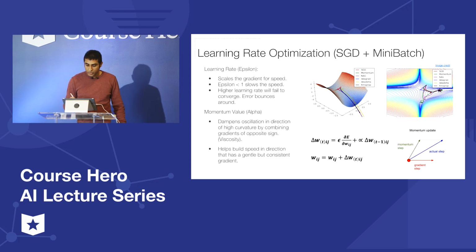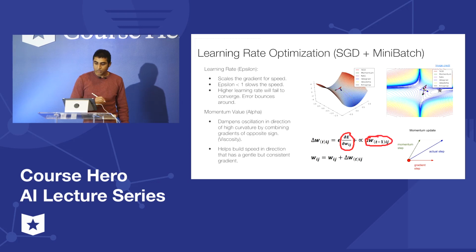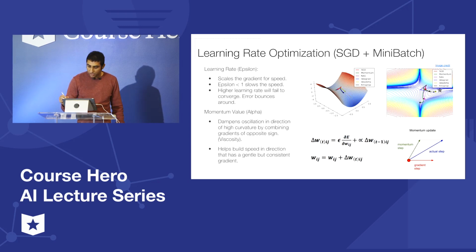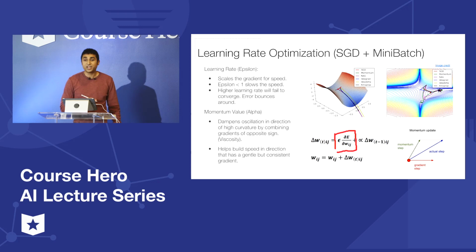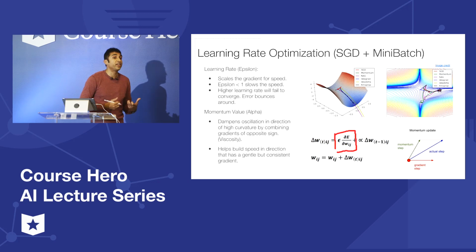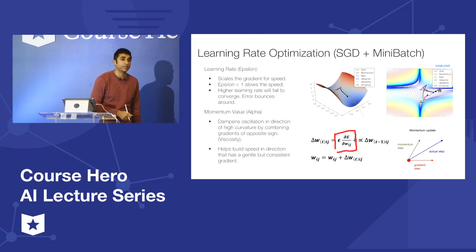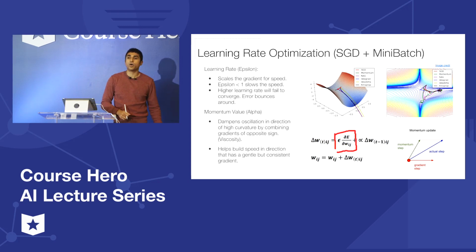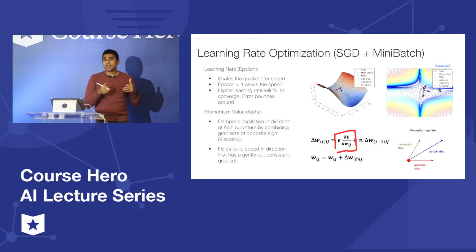What's happening here? We're saying instead of just taking the derivative, the previous weight is left intact. Instead of just taking the derivative, what we're doing is we are taking the current derivative, applying an epsilon, which is nothing but a learning rate. How much of the current derivative, current direction should be considered, right? Which gives you what you call the speed or the velocity. Because the gradient is saying this is how fast you need to go. You say, I want to slow down a little.